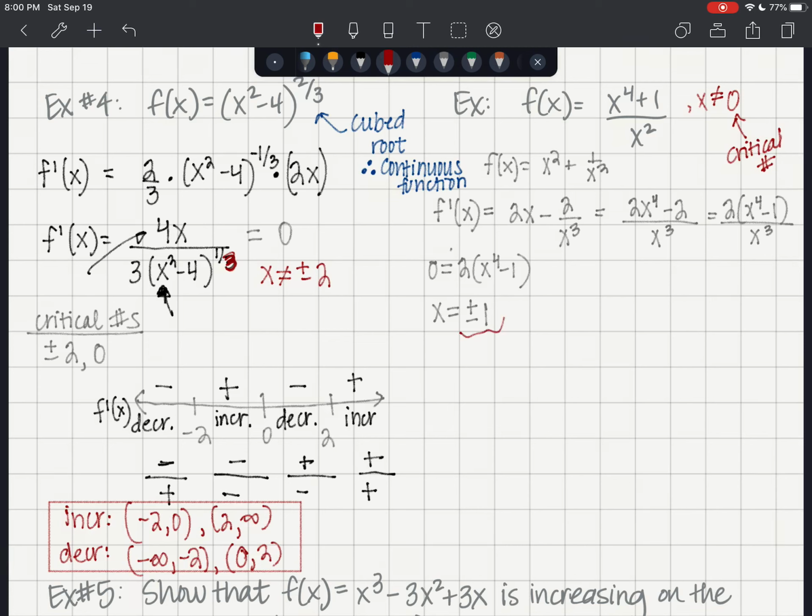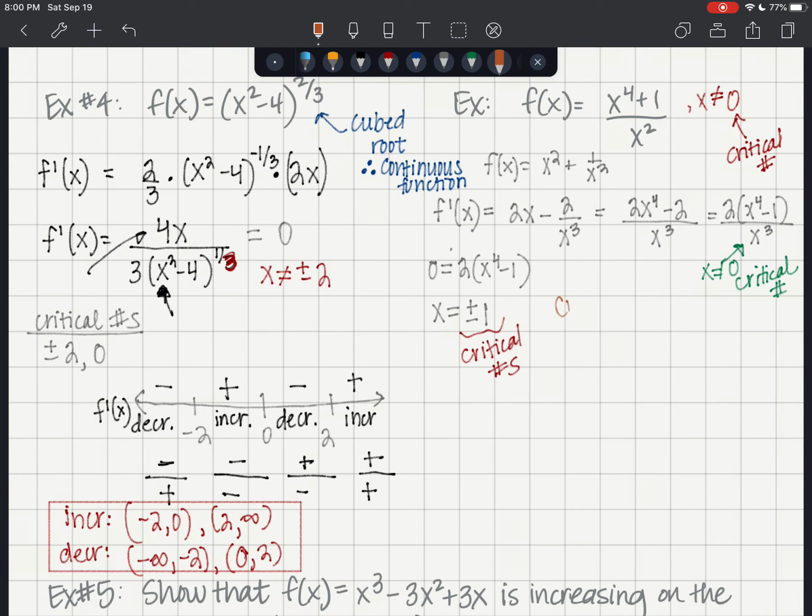These are also critical numbers. So now I have 3 critical numbers. Now I'm also going to get a critical number from the restriction in the denominator of the first derivative. X cannot equal 0. That's a critical number, but it happens to be a critical number that was already stated.